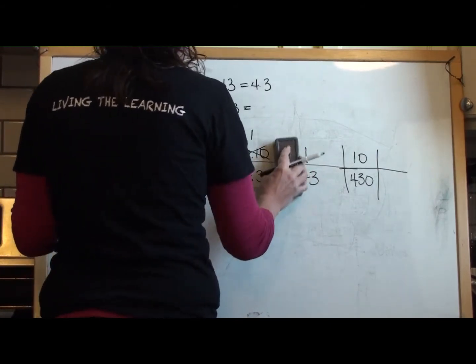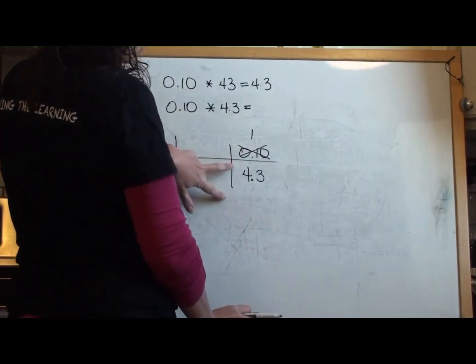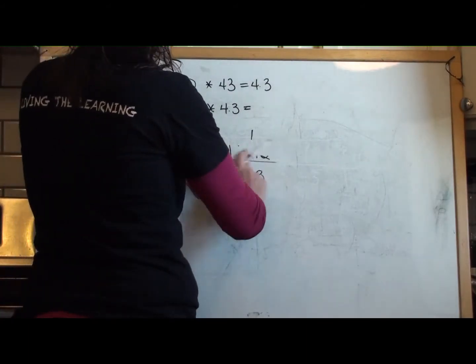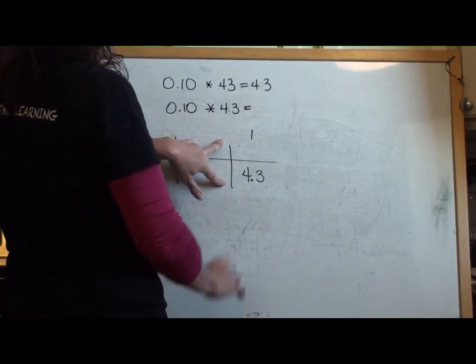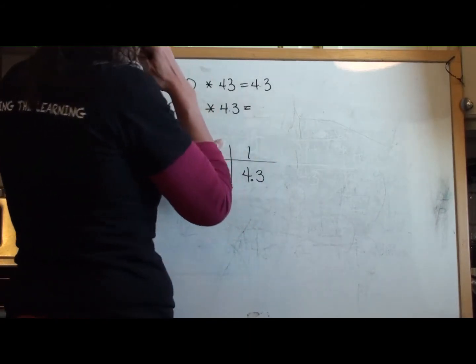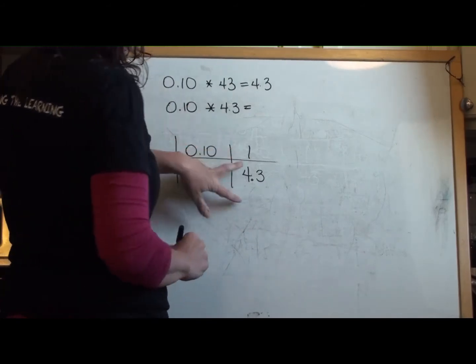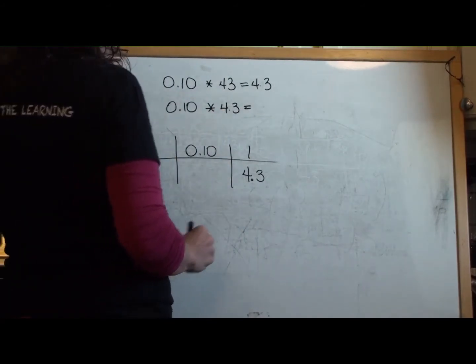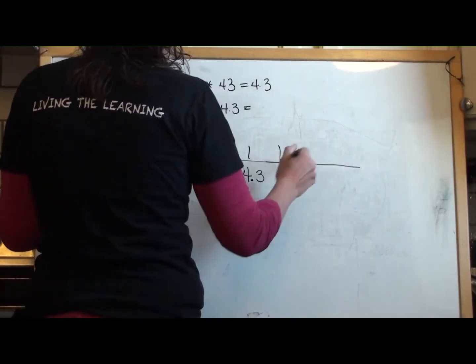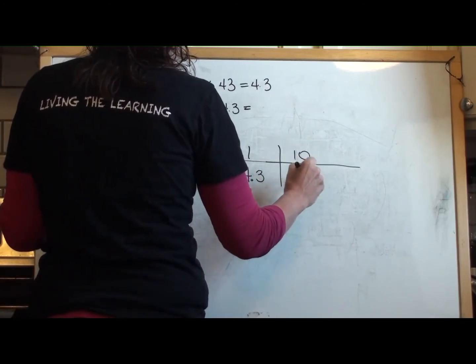We want to make this our 1. I'm going to even erase that to make it better. So we need to think about 10 times less. Okay? So if we redid this, our 10 would be 43.